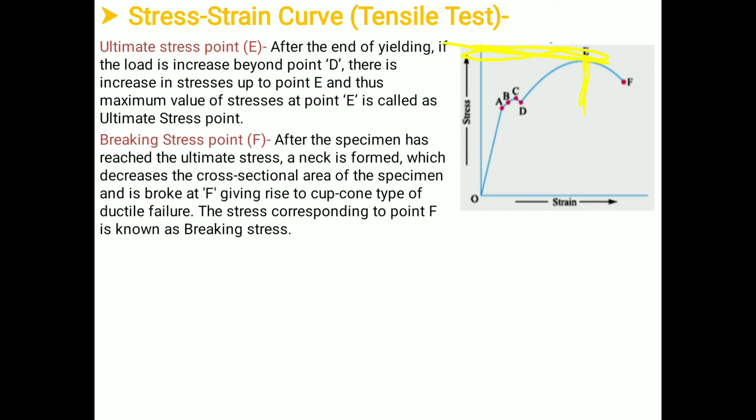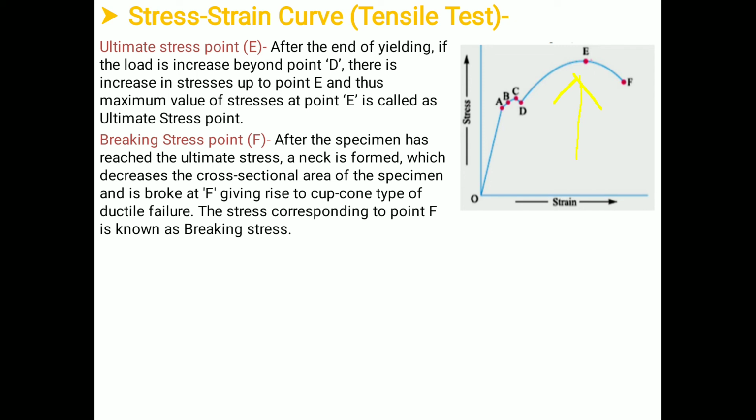At E, the stress attains its maximum value, which is known as the ultimate stress or ultimate tensile strength or tenacity of the material. Remember that it is the largest value of the stress which is obtained in a standard tension test.